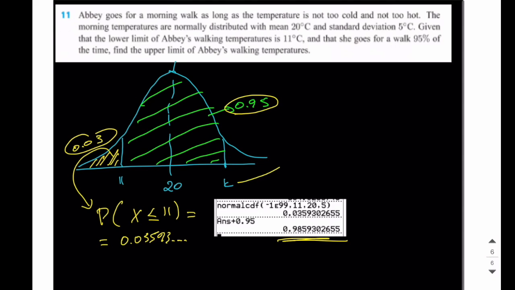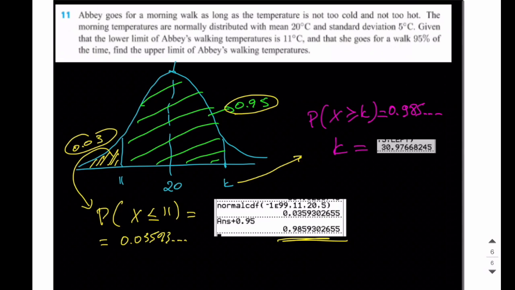So for the K I have to do the following. Let me change color so you can see it. For the K, I'm going to say probability that x is bigger or equal than K is this number, 0.985, etc. So I'm going to do an inverse norm and we're going to find. Be careful here, in 3 significant figures that becomes 31.0 degrees. That's important. And that finishes this homework.